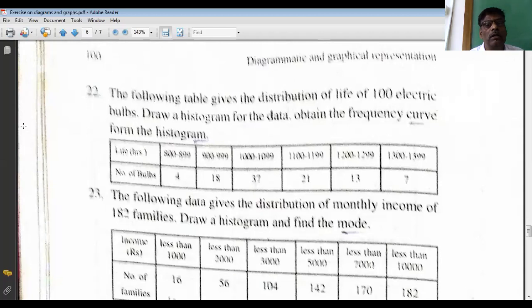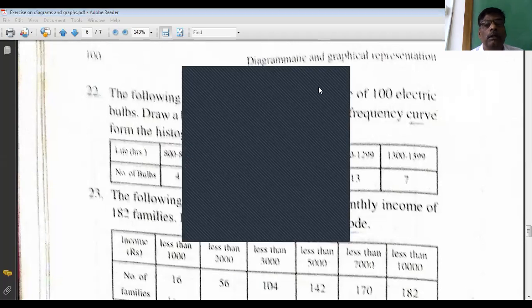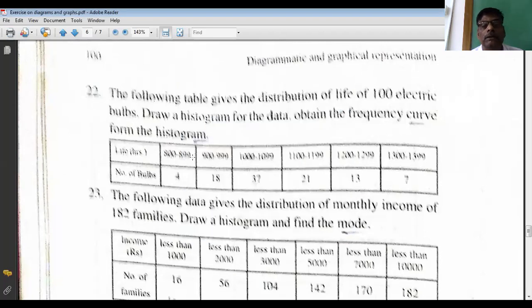First, you have to convert this into exclusive classes. How to convert it? The upper limit of the first class and the lower limit of the second class are to be added. You add these two and divide by 2.